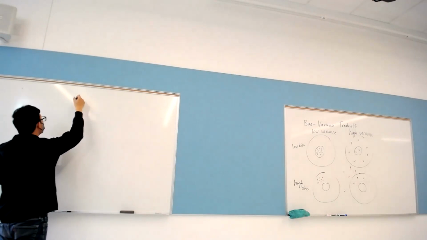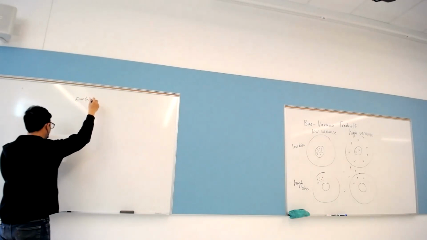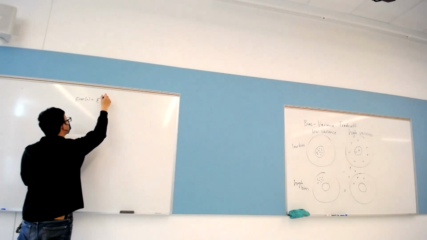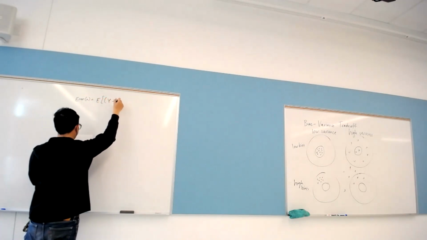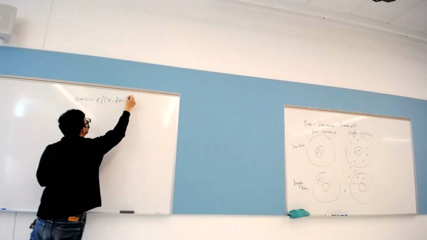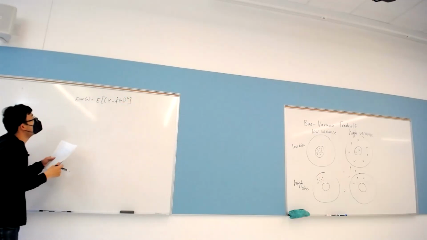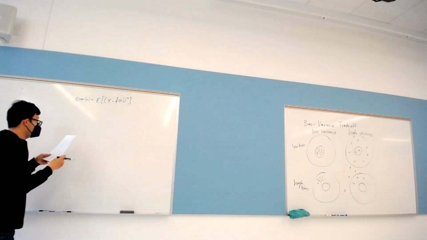So formally speaking, we can do this mathematically. The error is the expectation of my y minus your predicted function here. These are just your residuals.